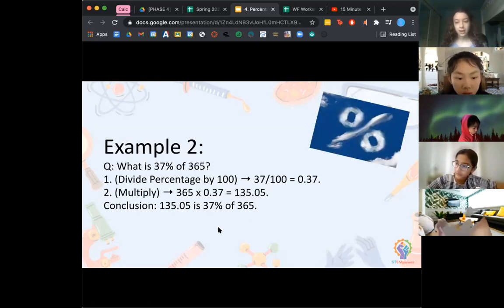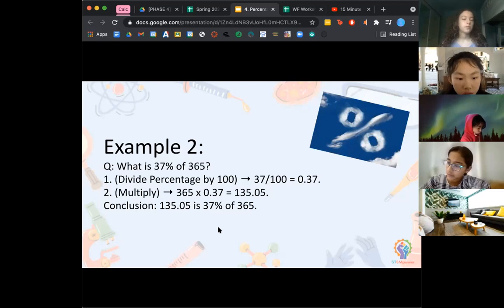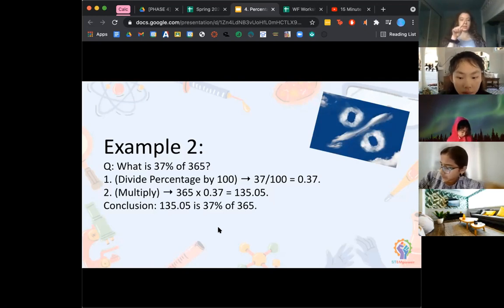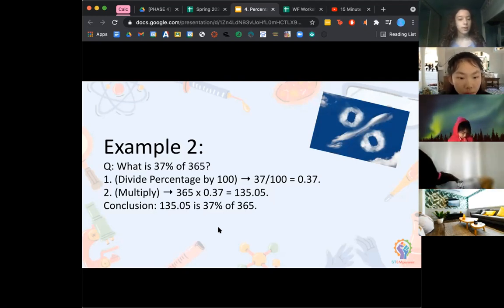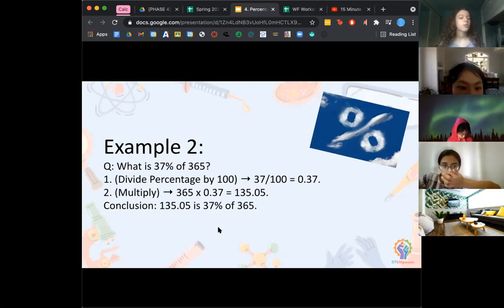An example of that is if you have 37% of 365, you would move the decimal 2 places to the left, 0.37, and then multiply 365 by 0.37, and 135.05 is 37% of 365.